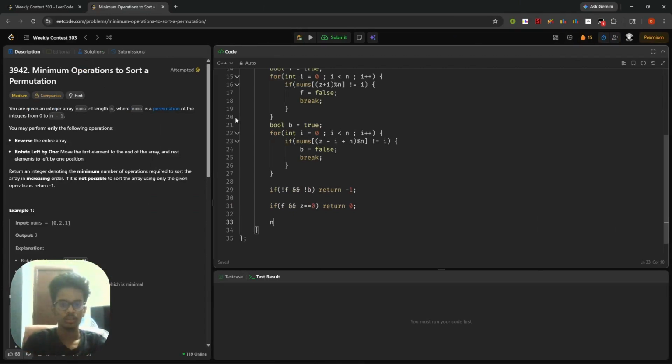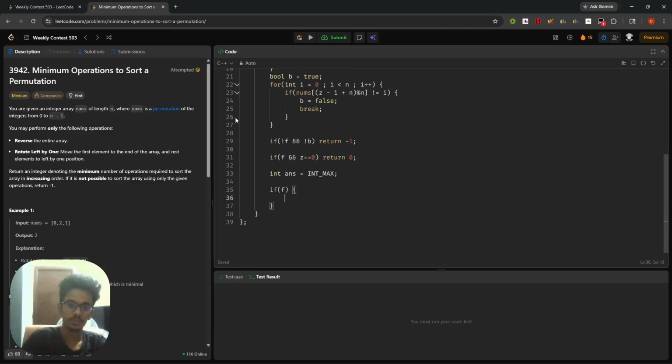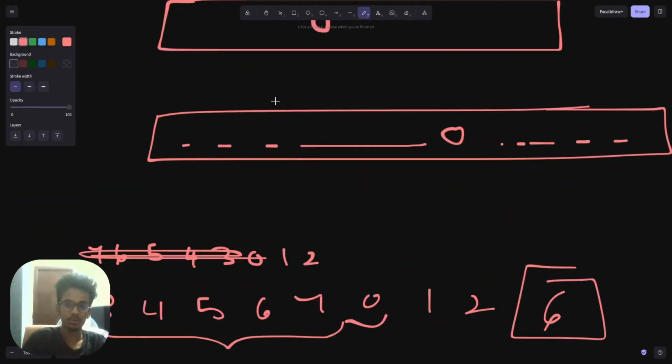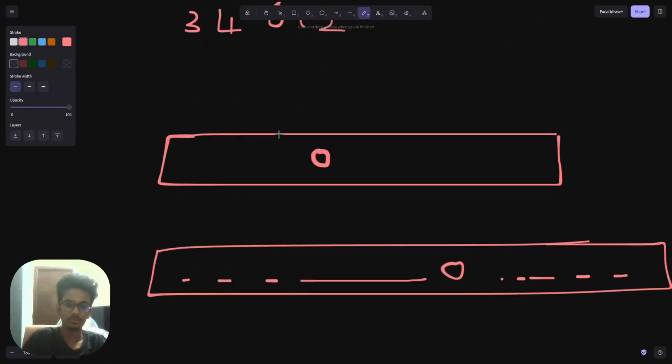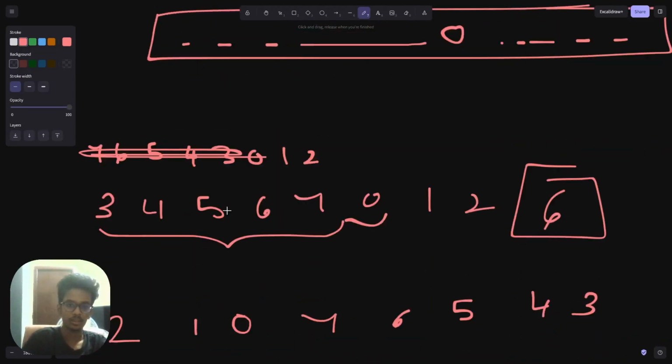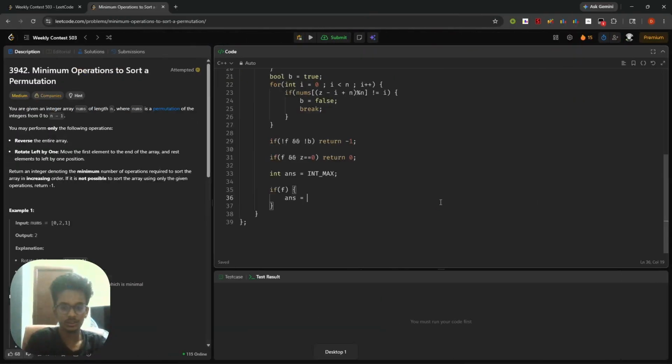Next. Let's take int answer, which would denote our number of moves. And since we are minimizing, let's take int max. If it's a forward cycle, either the answer would be this way. Just by rotating the elements before it, we can reach the sorted state.